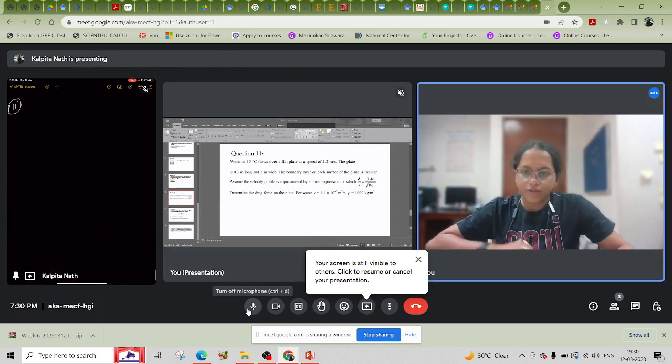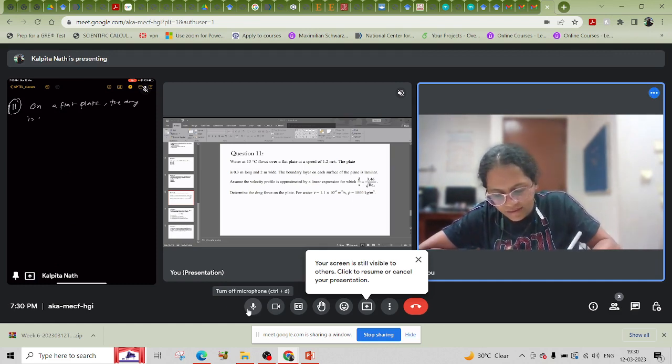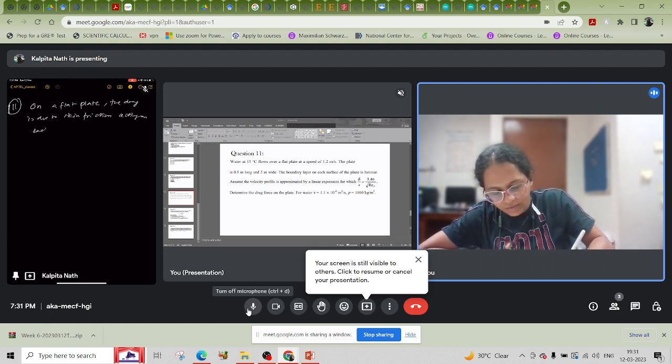So let us proceed with question number 11. On a flat plate, the drag is due to skin friction acting on each side of the plate.